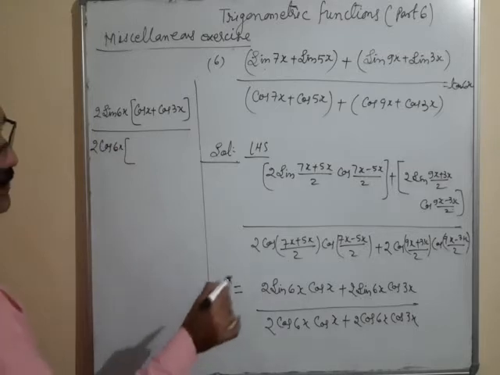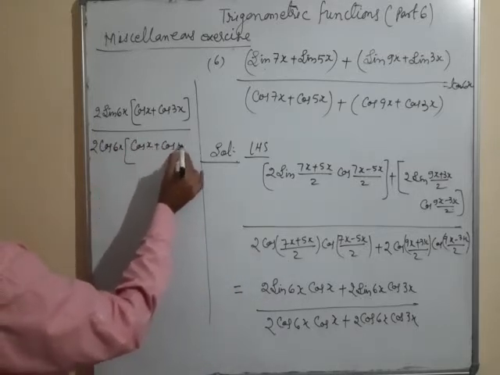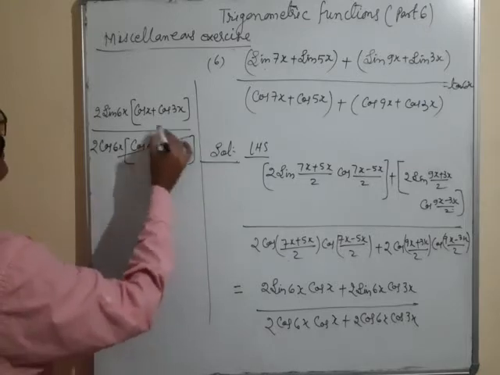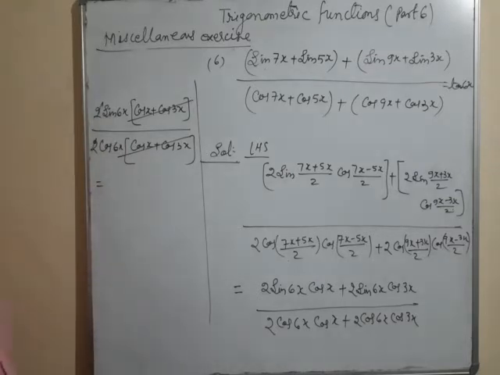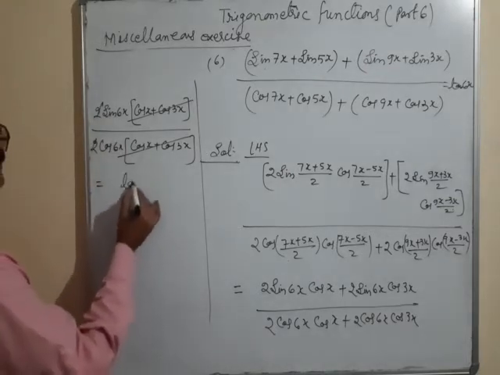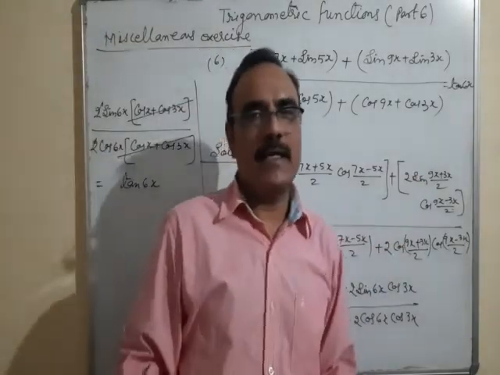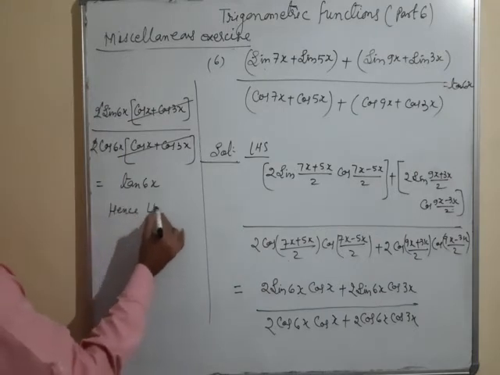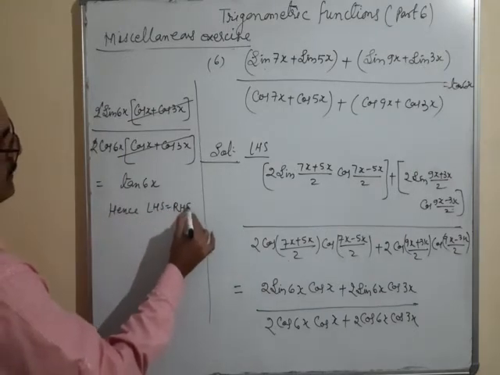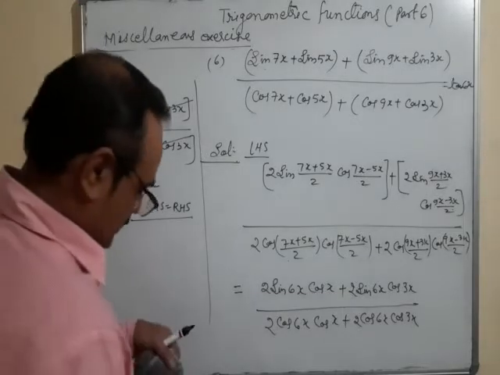Now you see what's happening here: cos x plus cos 3x cancels, and the 2 cancels. Sin 6x upon cos 6x is tan 6x, and that is what we wanted to prove. Hence LHS is equal to RHS. So that is question number 6.